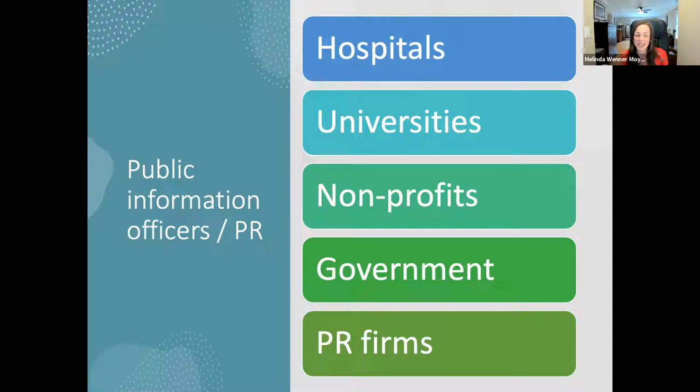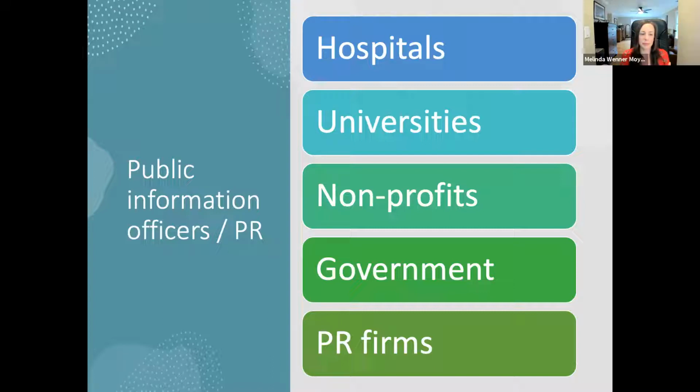Public information officers, PR people, they're also really wonderful sources of information. I often reach out to PR people at hospitals and universities. When I'm working on a story, if I am not exactly sure who to talk to, but I have a guess that there are people at that institution who study this particular thing or who can help me.